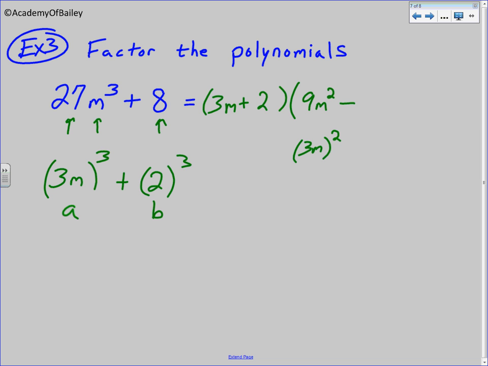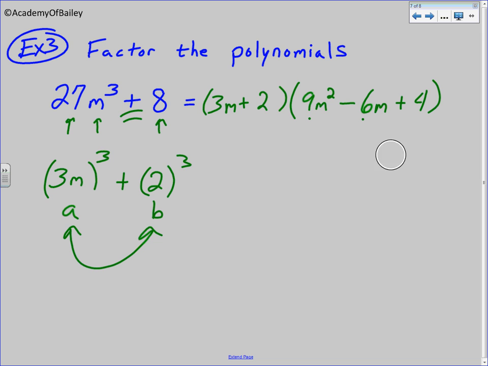Then we have a minus, since we started out with a plus, this part's minus. And then we're going to multiply a times b to get that middle term. 3m times 2, 6m. And then now we just square b. I can't factor anything else out of here as far as a number or a variable. But let's look here. 9 and 4 make 36 when we multiply.